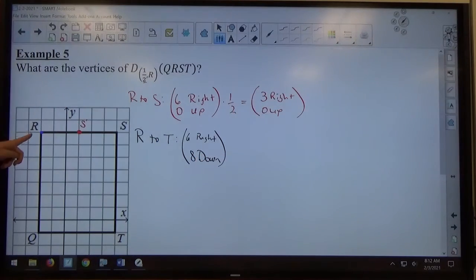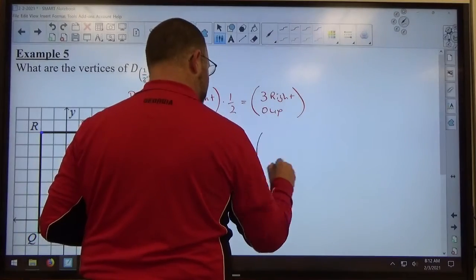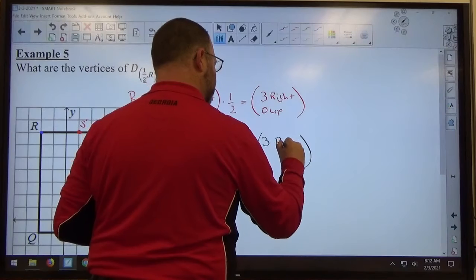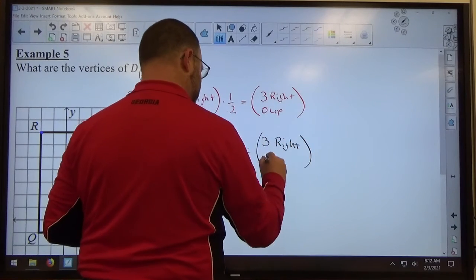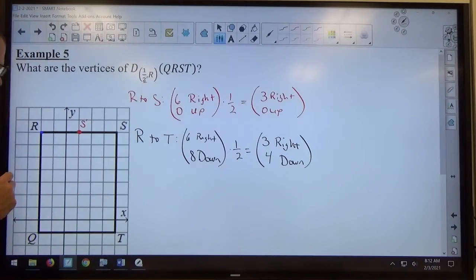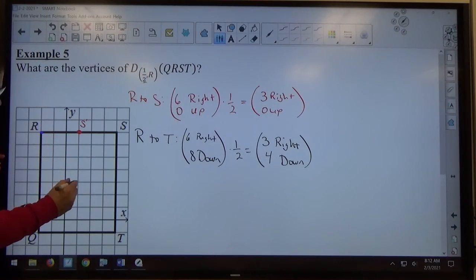And just, you're here, how do I get there? 6 right, 8 down. I apply the scale factor of 1/2 to that. 1/2 of 6 is 3 to the right, and 1/2 of 8 is 4 down. So if I start at R and go 3 right and 1, 2, 3, 4 down, this is going to be point T prime.